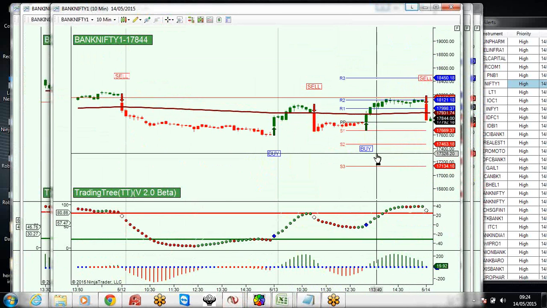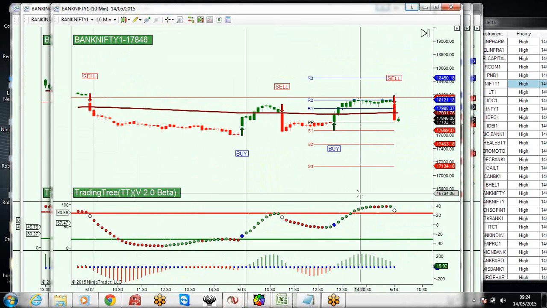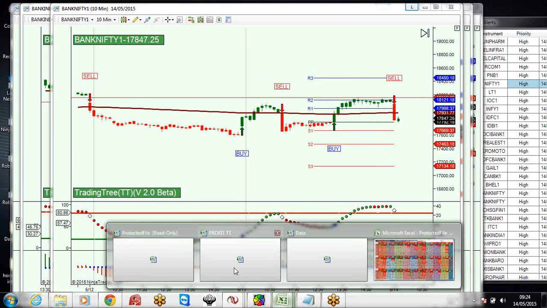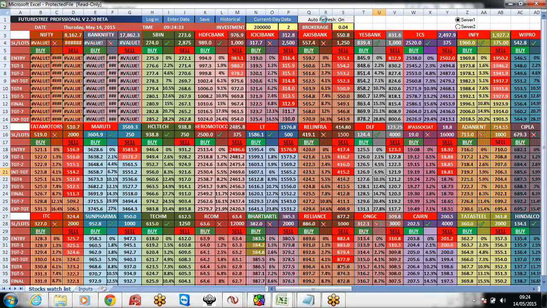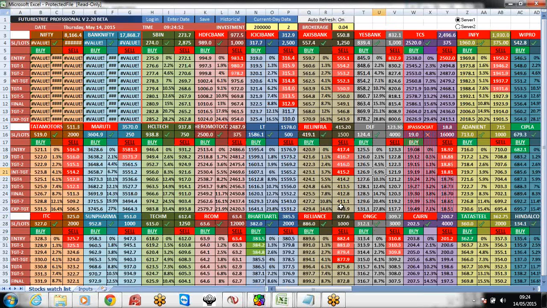So that's Bank Nifty. Sorry, we'll have to get the prices for this. Most of them are gap down opens, so let's wait till we get some calls.